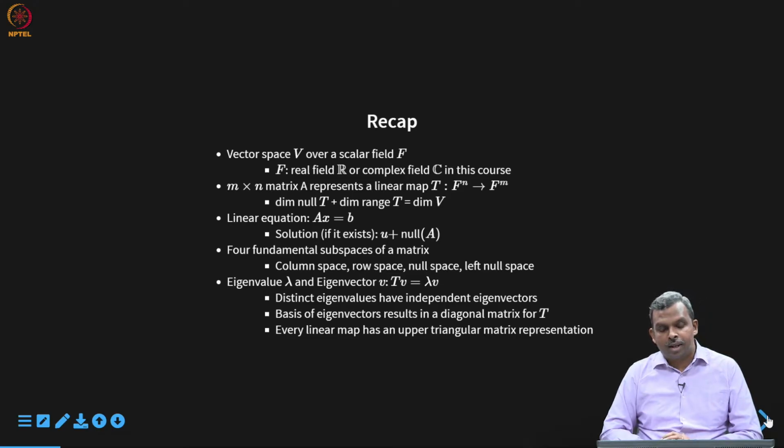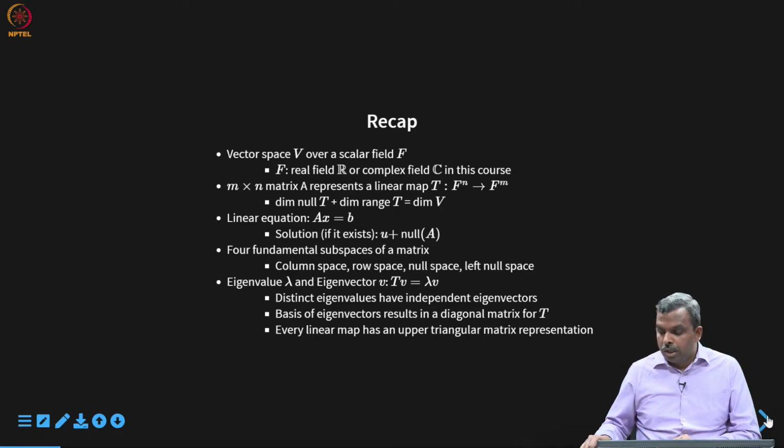Finally, we also saw eigenvalues and eigenvectors, and how these one-dimensional invariant subspaces always exist when the field is complex, and how they give very good properties for characterizing how a linear operator behaves. We also saw the nice result that an upper triangular matrix representation is possible for every operator. So particularly for operators, eigenvalues and eigenvectors are very useful.